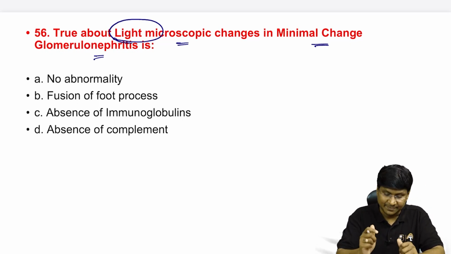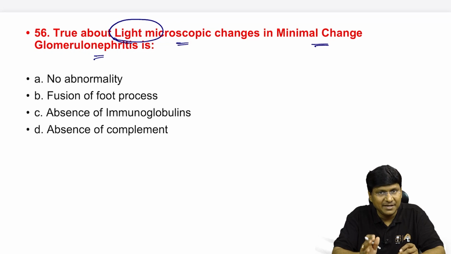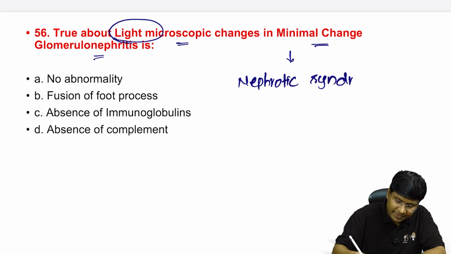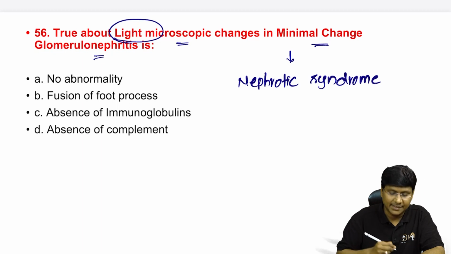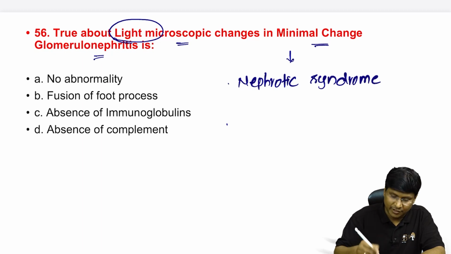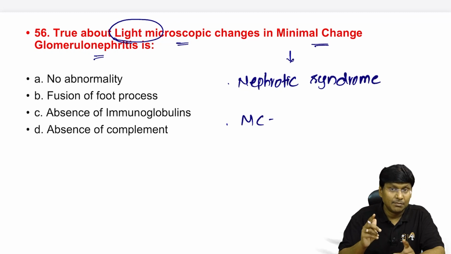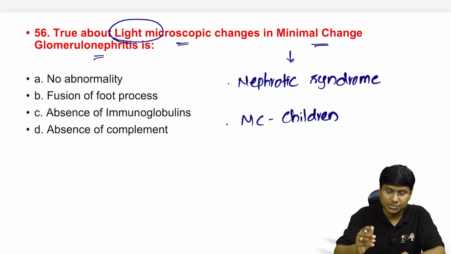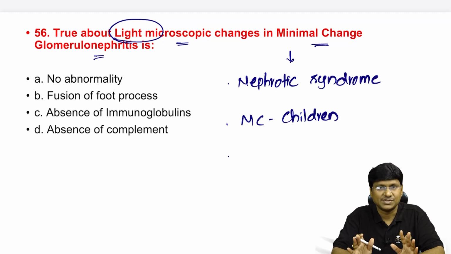Minimal change disease is a form of nephrotic syndrome, and the most common cause of nephrotic syndrome in children is minimal change disease.